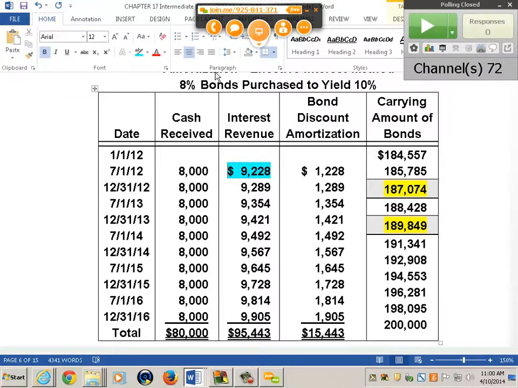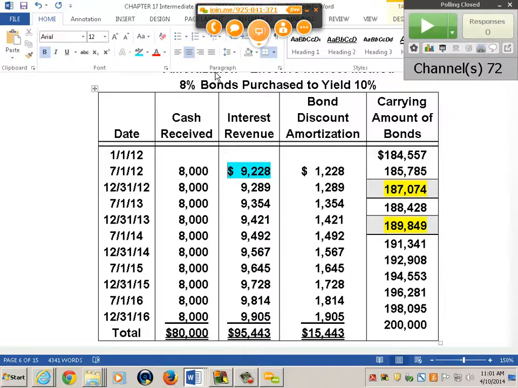So in this case, the effective interest is 184,557, multiplied by the 5%, which gives you the effective interest of 9,228. And that effective interest is going to be your total interest. Your cash interest is 8,000, and the difference is going to be added to the balance of the debt.